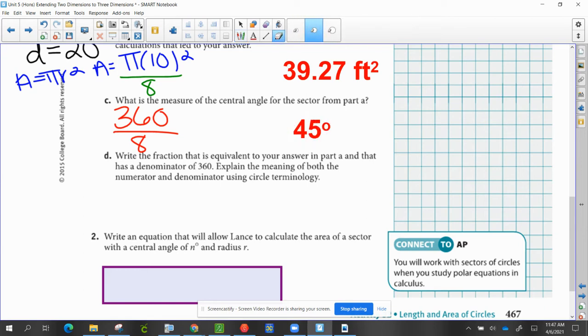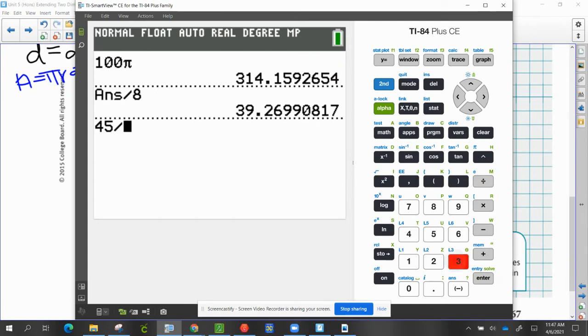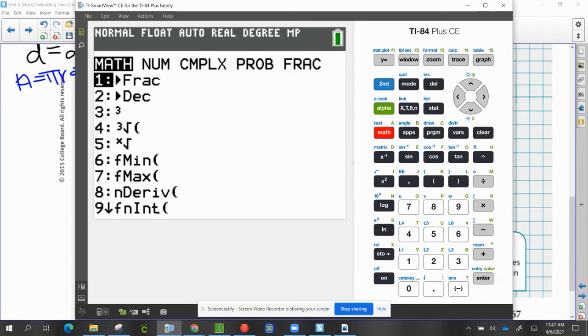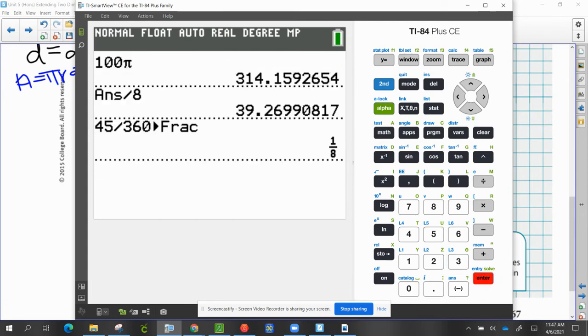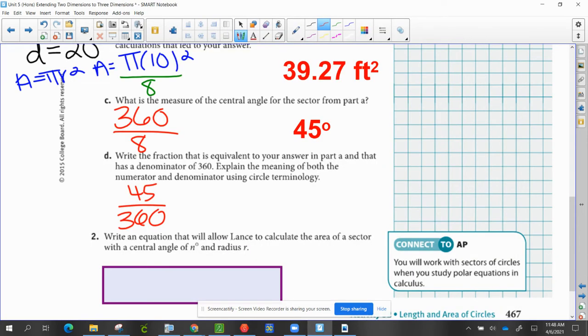Well, 360 divided by 8 would give us 45 degrees. So in part D, it says to write a fraction that is equivalent to our answer in part A that would have a denominator of 360. Well, 45 degrees divided by 360. If we use our calculator to reduce that fraction for us, hit math, enter, enter. You see we get the same fraction from number 1A, which is 1/8.